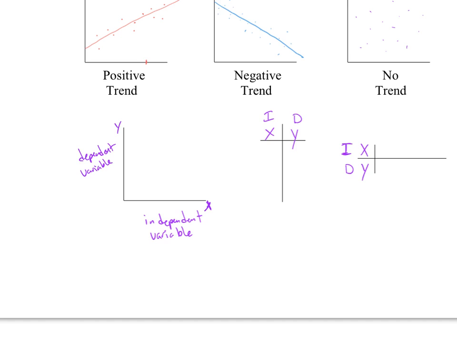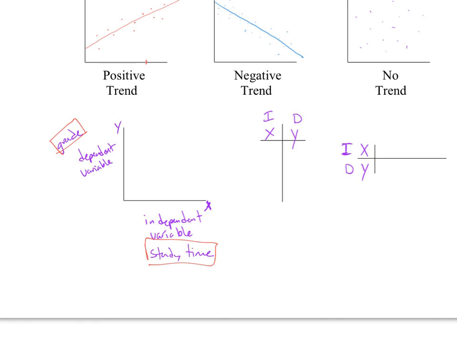So in my example here, if we got study time and your grade, like your grade here is dependent on the study time. How much you study will affect your grade. So the study time would be on the x.